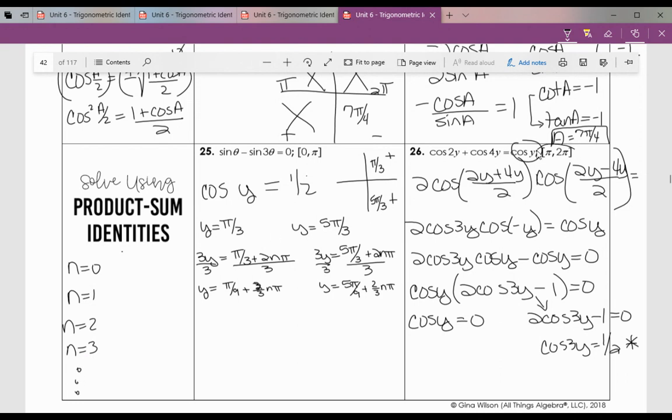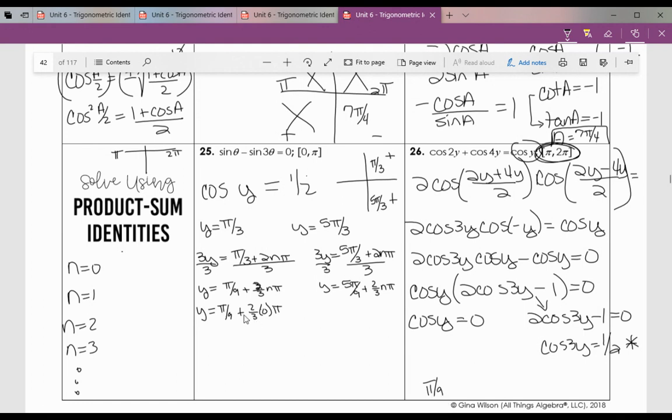but I have to stay within my restricted values. I can only list answers between pi and 2 pi. Now, 9 is not a normal denominator that we're used to seeing on our unit circle. So I'm going to start here, and I'm going to say y equals pi over 9 plus 2/3 times 0 times pi, and that gives me pi over 9.